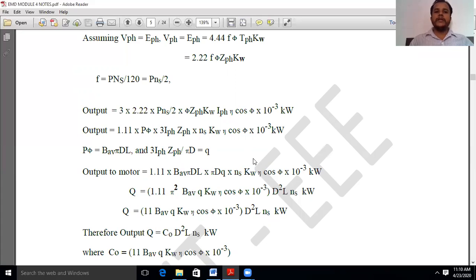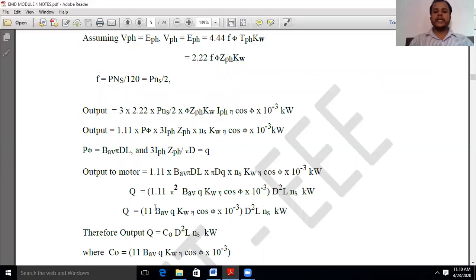To simplify this, there is pi square, Bav, q, Kw eta cos phi into 10 to minus 3. Now I am taking D square L ns outside.